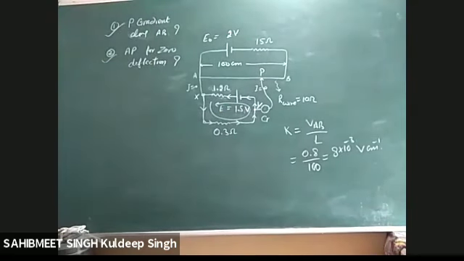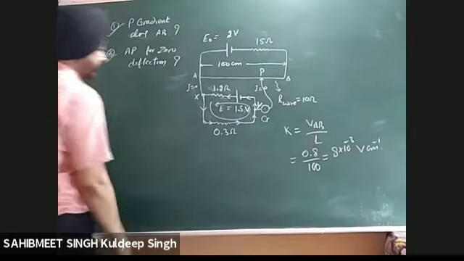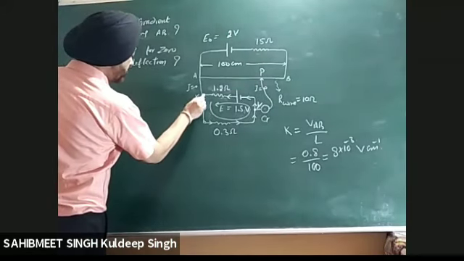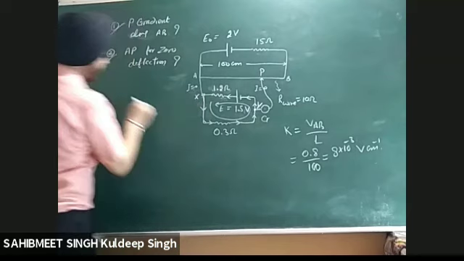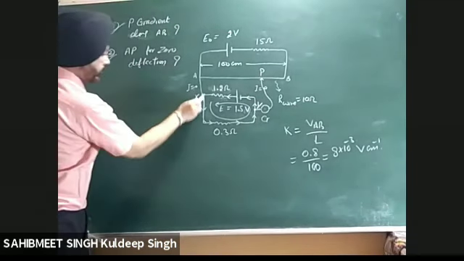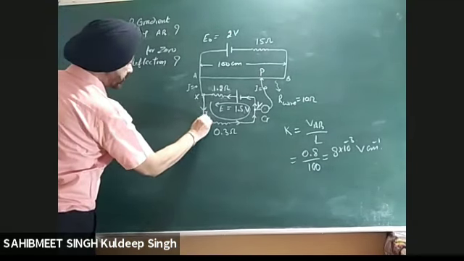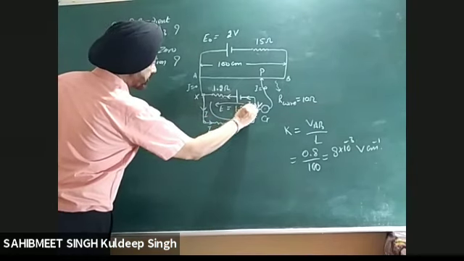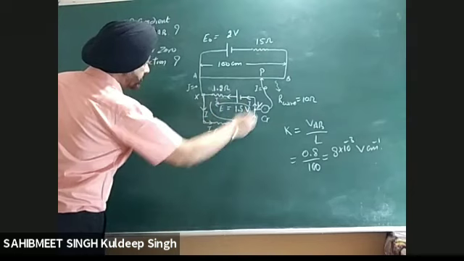Sign conventions: you can apply as you have learned, and I will apply as I generally apply. So when I start from point X, I pass through this point, say current is I here, I everywhere, the same current is going.